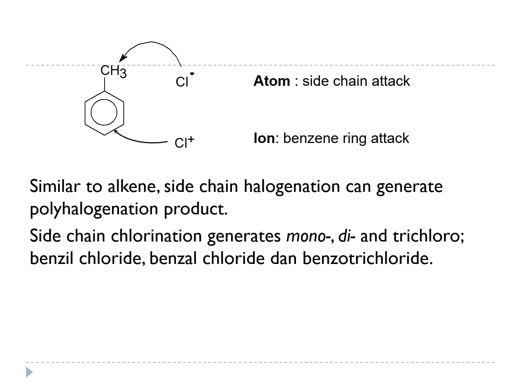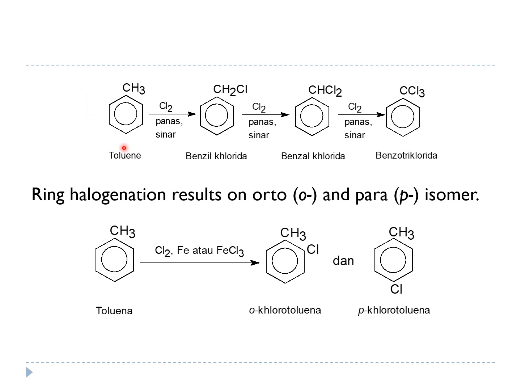Further, halogenation of the side chain can happen not only as monohalogenation but also as double halogenation or even triple halogenation. For example, toluene can react with chlorine with heat and ultraviolet to produce benzyl chloride.